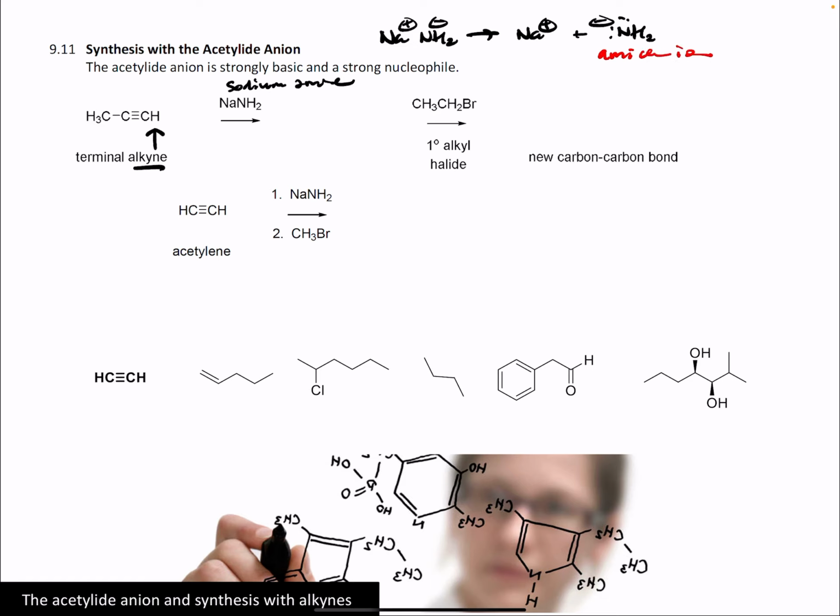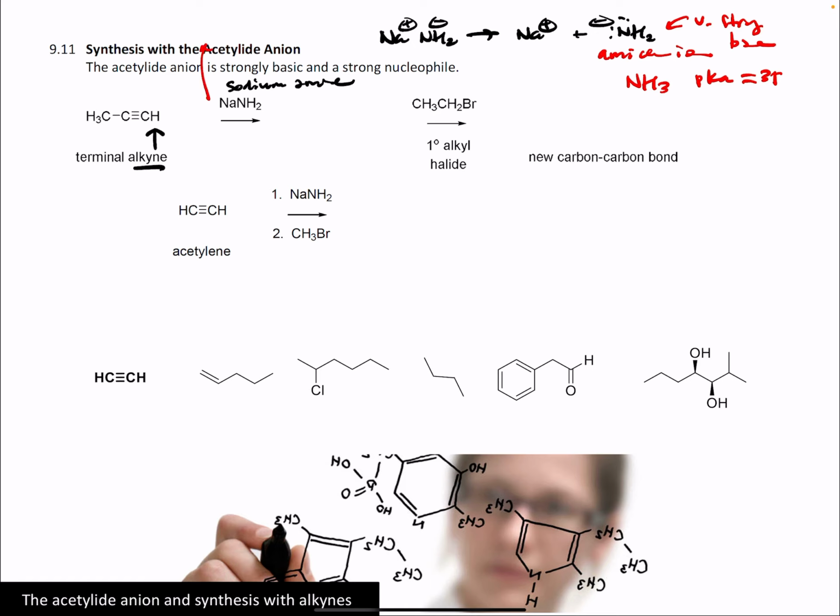The pKa of its conjugate acid is 35, so that means amide is a very strong base. So here we have sodium amide.